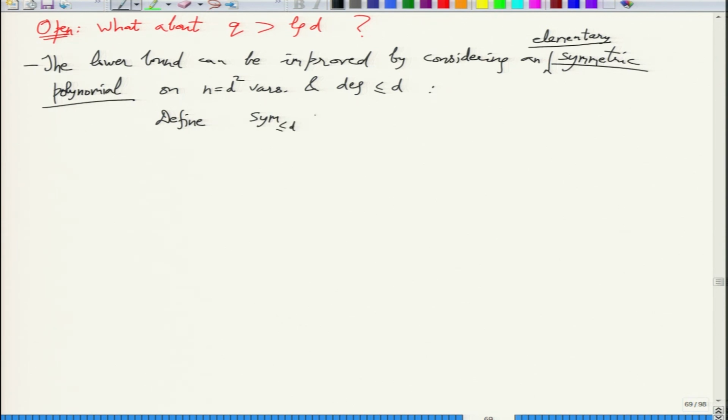Actually it's a sum, yes, of degree less than or equal to d, so I should say sum then. It's a sum because we are looking at all the monomials, not just for subsets of size d, but also d minus 1, d minus 2.